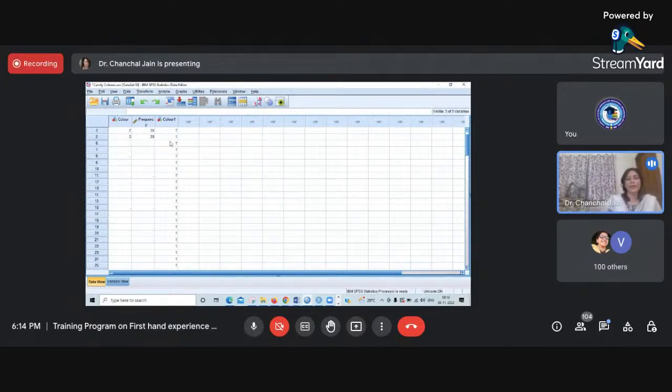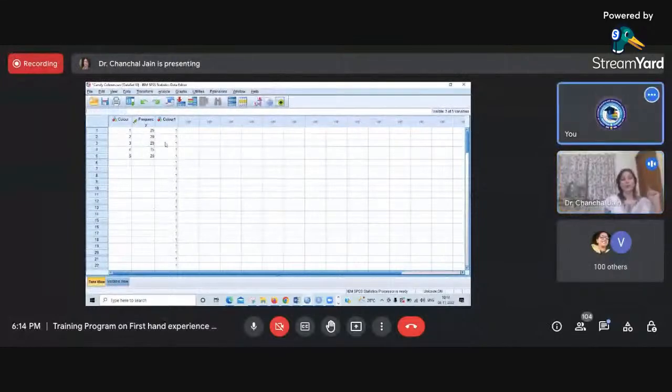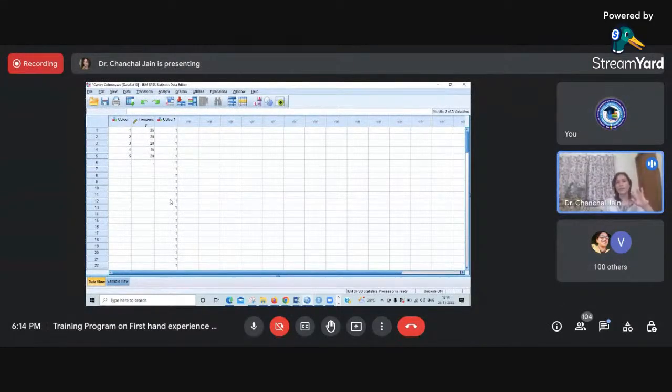So I have written our data in that form also: 1 I have written 25 times, 2 I have written 20 times, and likewise for the remaining numbers as per their frequencies. So this data can also be written in this form. Is it clear to everyone?